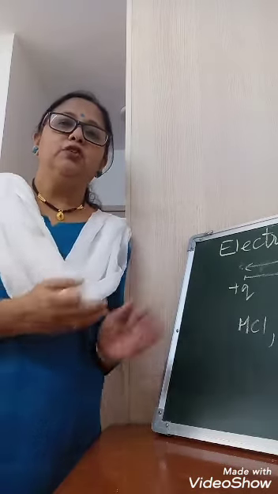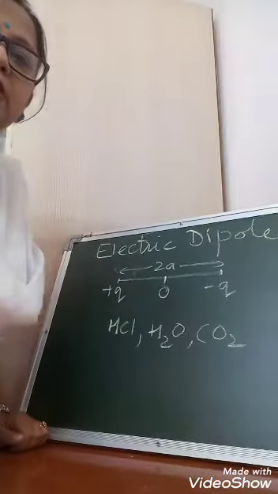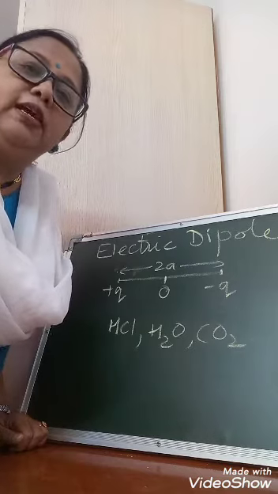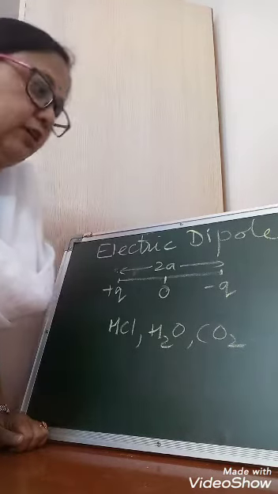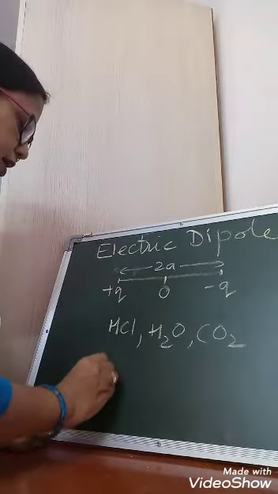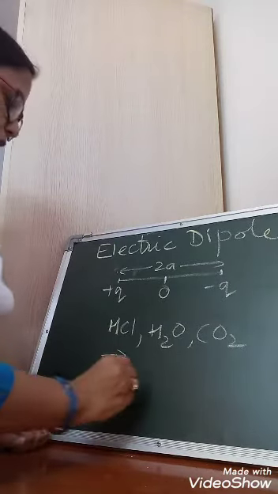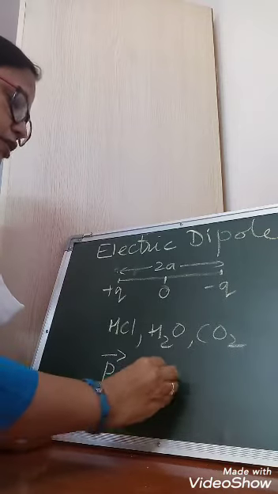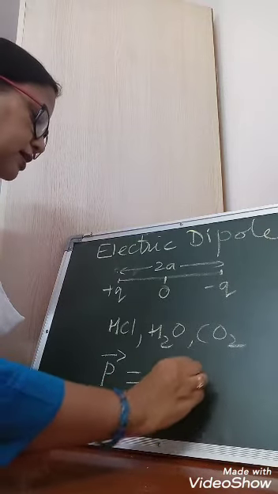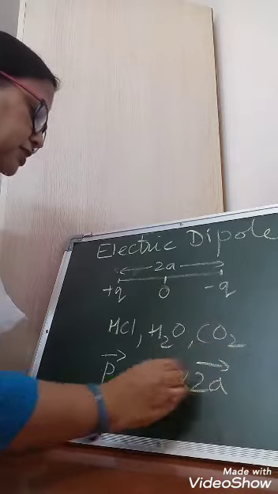Now in case of dipoles also we have to study the concept of electric dipole moment. Electric dipole moment is denoted by the symbol p. It is given by the product of charge and the distance between the charges.